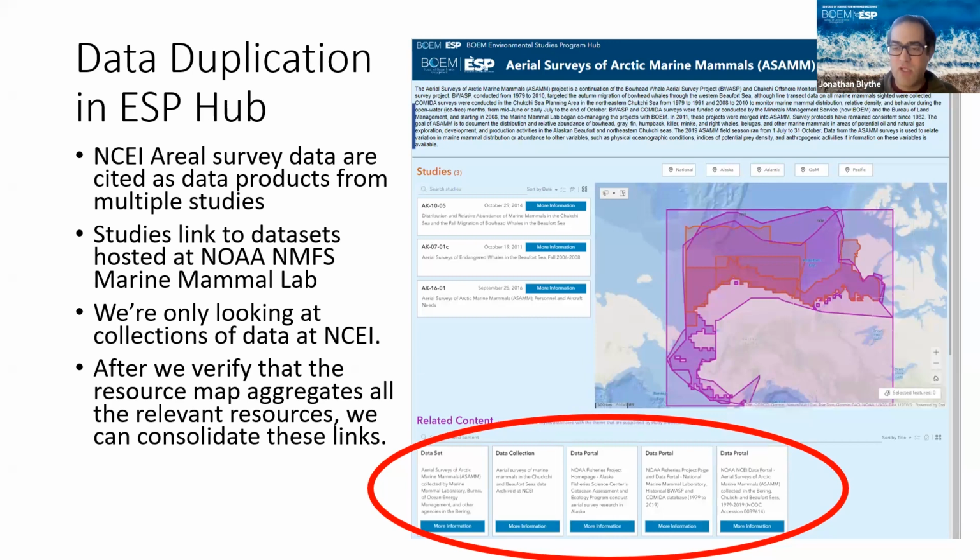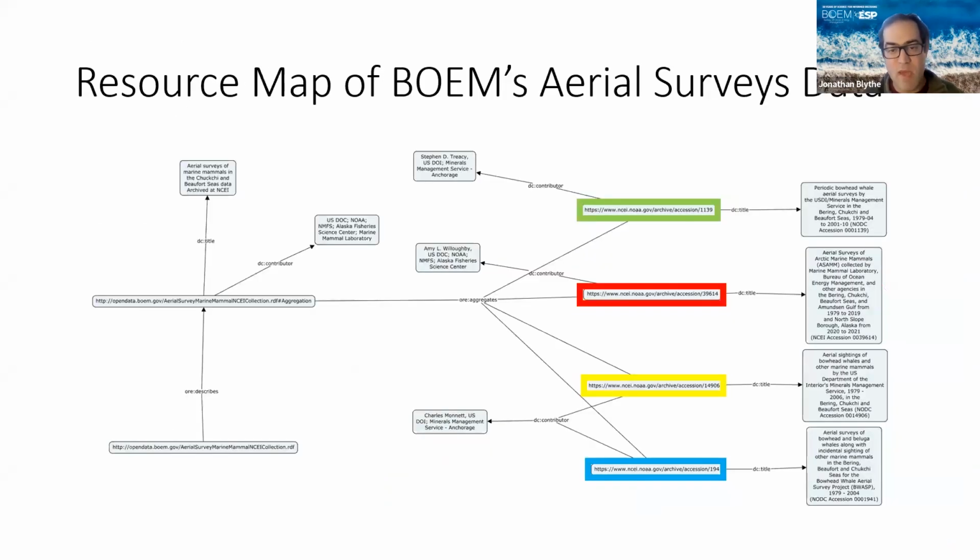And there's duplication here. We have to go back, and since we figured out with this talk how to cite data, we have to go in and deduplicate the website. And ORE is actually a great tool to do that because it does that automatically in the resource map. You're only allowed to link each aggregated resource once.